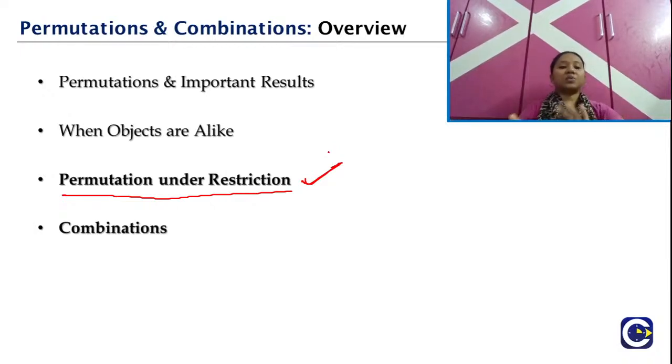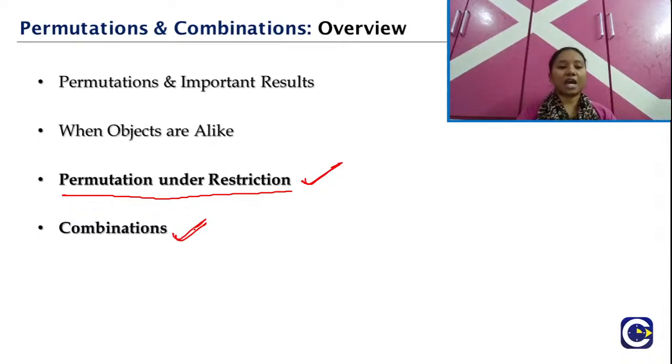After that, once we are done with permutation under restriction, the next concept will be combination. The same way we discussed permutations, with the definition and the corresponding important results, the same will be the case with combinations here.